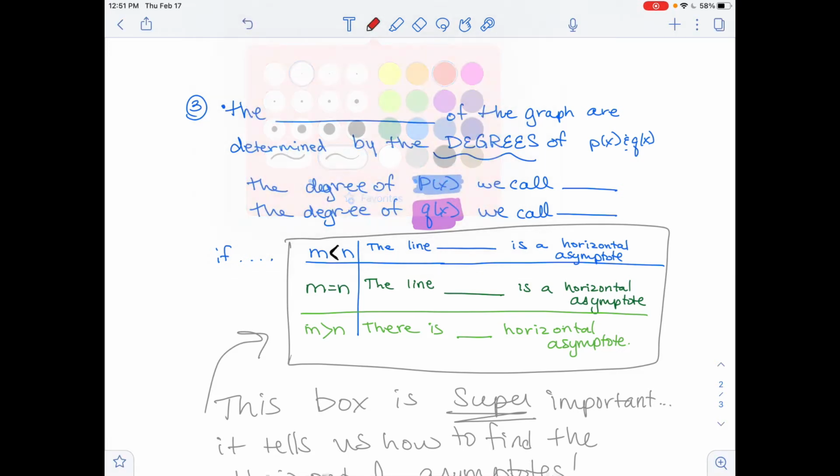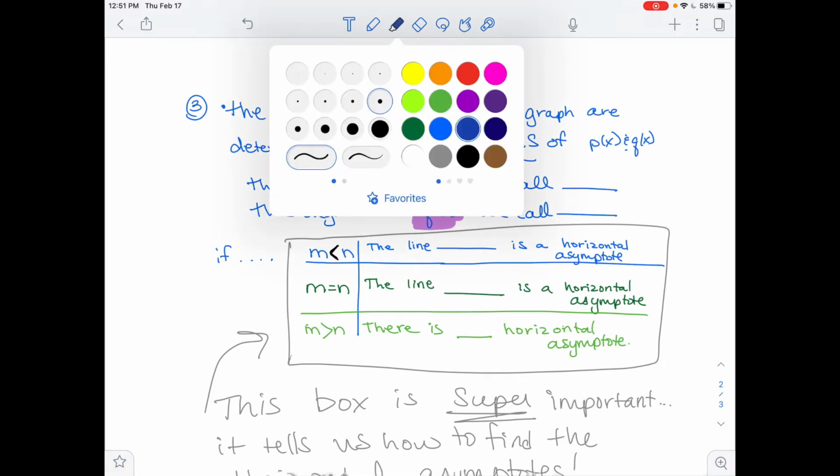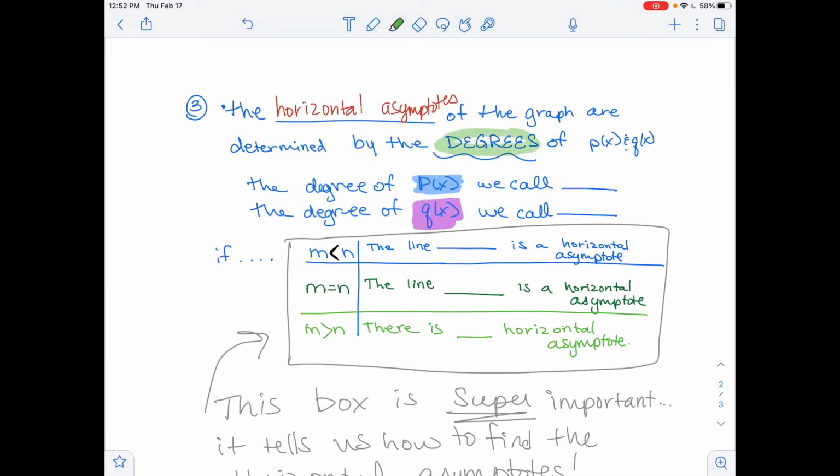And then lastly, the horizontal asymptotes of the graph are determined by the degree. So this is a little bit more complicated. The way that we look at the horizontal asymptotes is we look at the degrees of both the numerator and the denominator, okay?